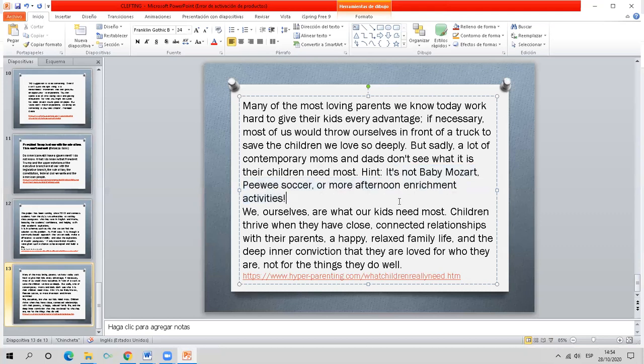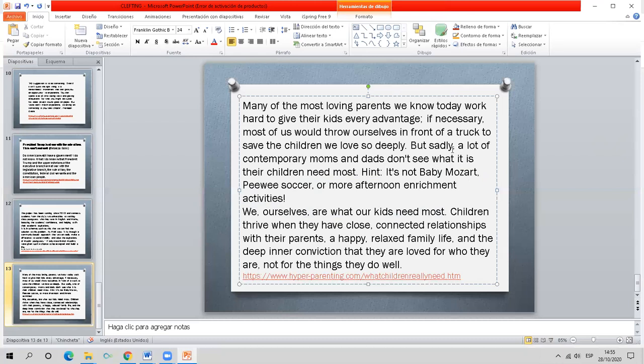Okay? And here we have a WH cleft. We ourselves are what our kids need most. The unmarked version would be our kids need us ourselves most. Okay? And I think there was another.